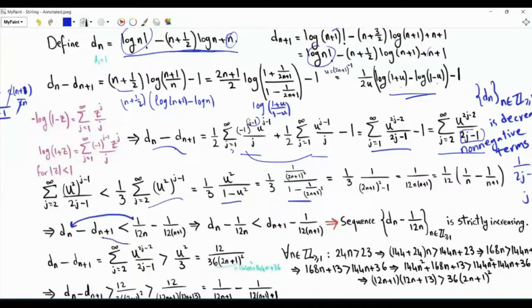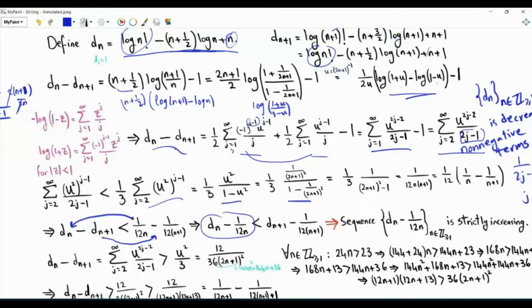and then we can take this other term to the other side, and both of them are indexed by n plus 1. So we have that dn minus 1 over 12n is strictly less than dn plus 1 minus 1 over 12 times n plus 1. So we can think of this as a sequence now, the sequence dn minus 1 over 12n.